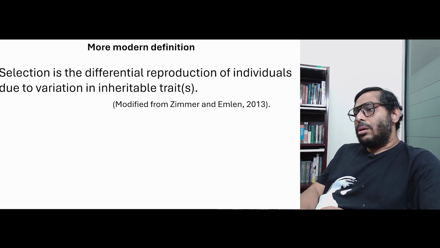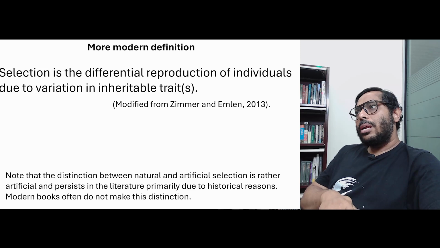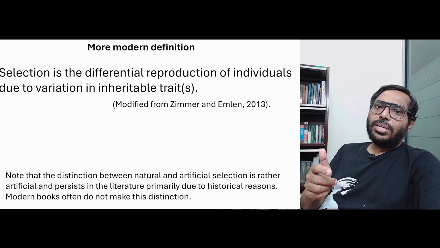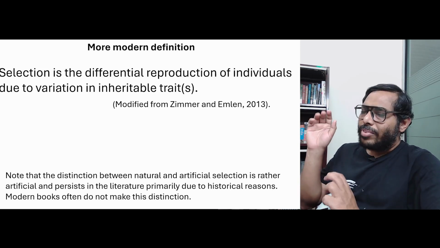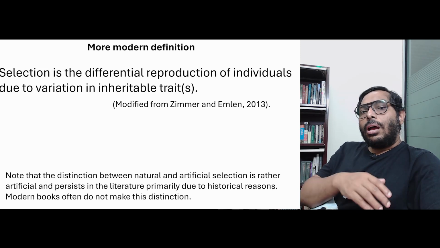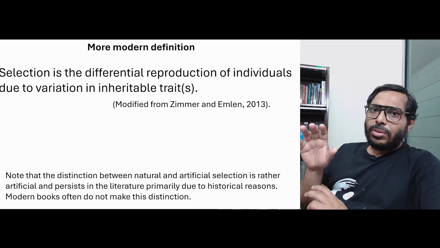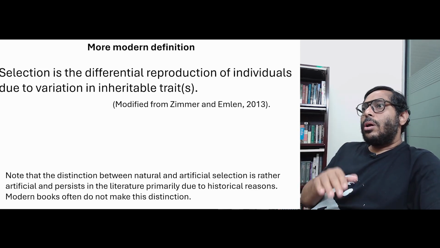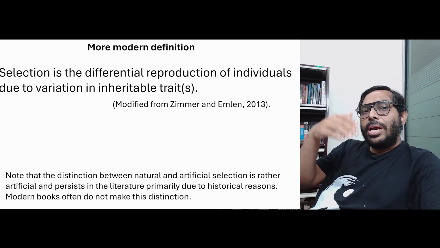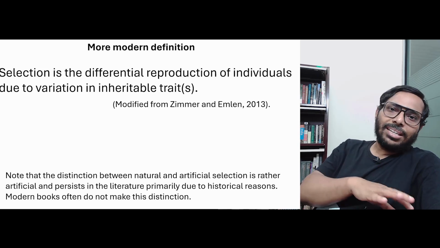Now, this way of looking at selection straight away tells you that the difference between natural and artificial selection is actually rather, well, quote unquote artificial. When Darwin was constructing his arguments, he was coming from the perspective of breeding, which obviously was an artificial thing. So, keeping parity with artificial selection, he made the point that a similar process is happening in nature, and therefore he called it natural selection.